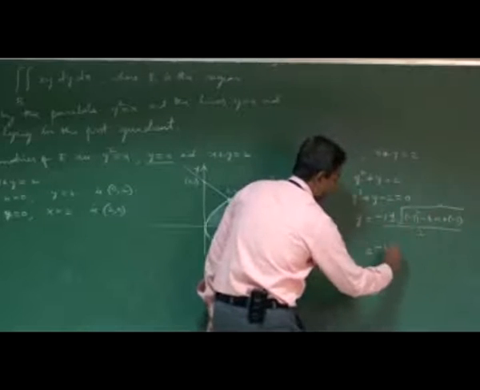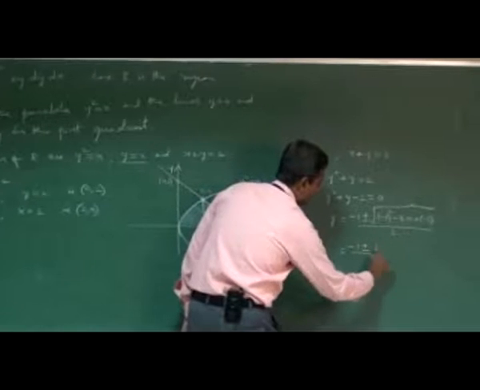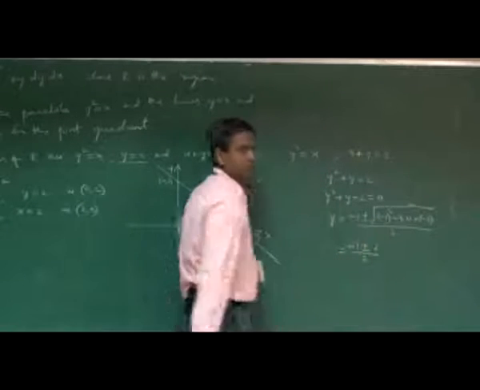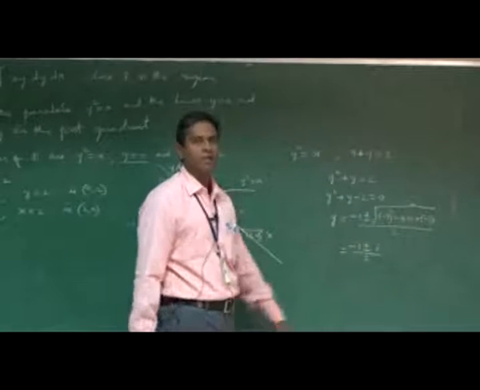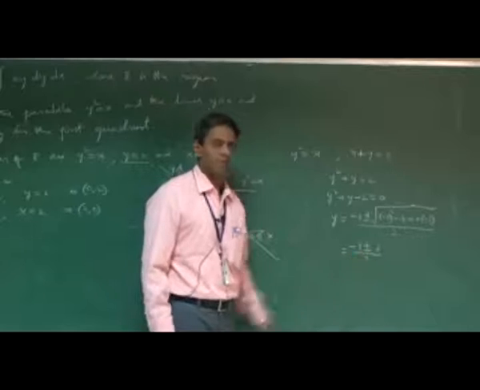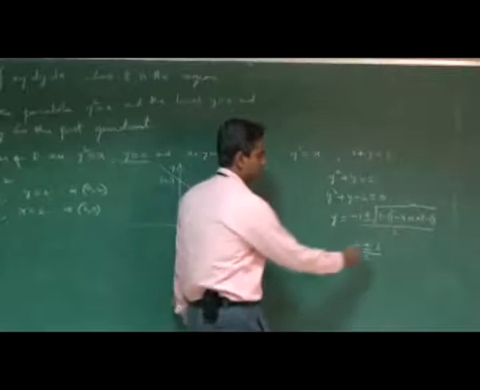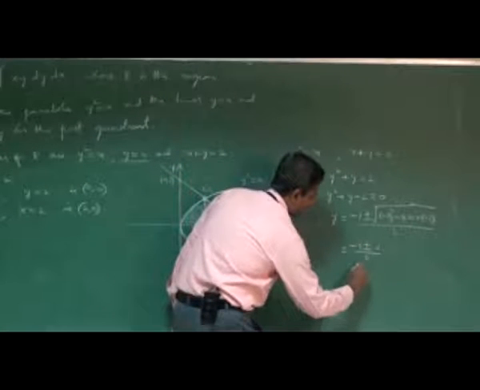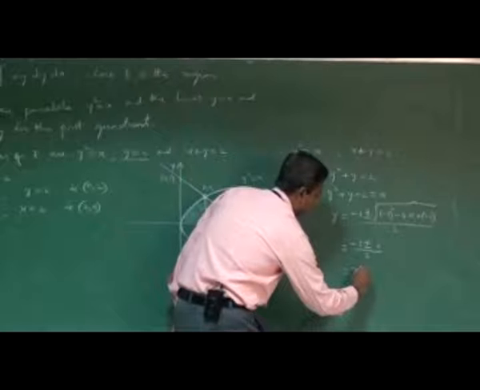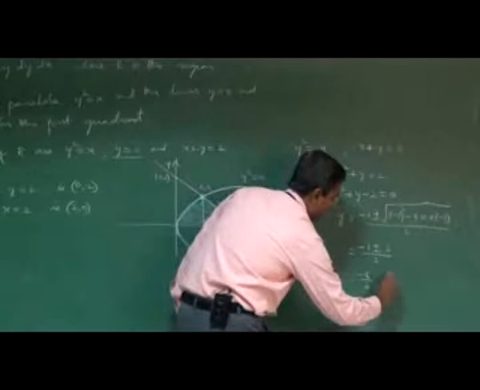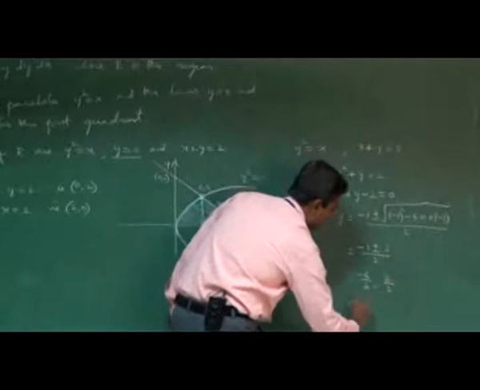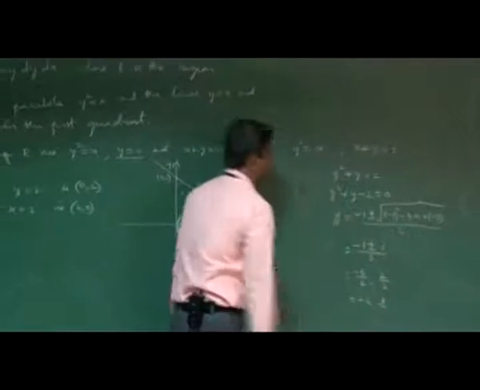You simplify this: minus 1 plus or minus square root of 9, which is 3, divided by 2. So we have minus 4 by 2 and 2 by 2, so we get minus 2 and 1.